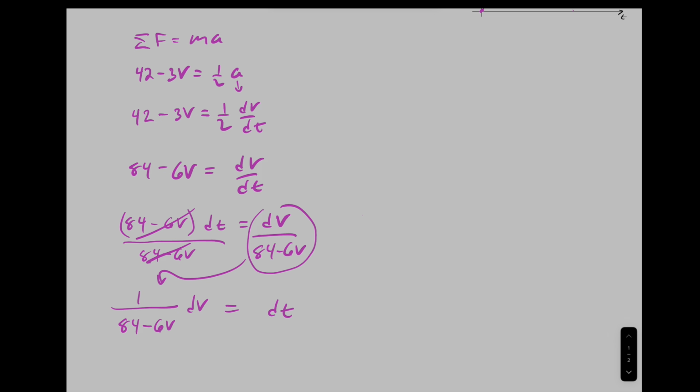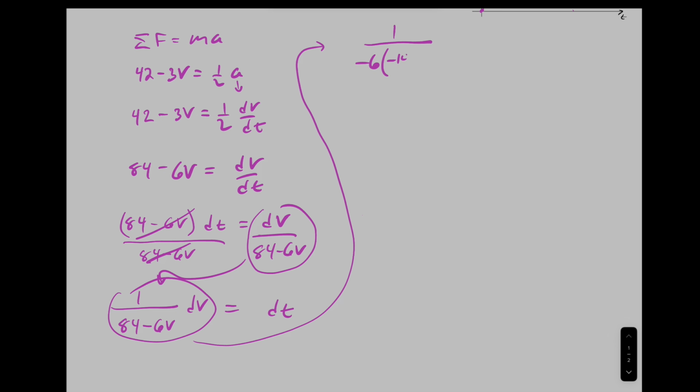Okay? Now what I'm going to do, again from the last video, I'm going to doctor this up a little bit to make the integration process a little bit easier. So let's take this and move it up to here. All right? So now what I have is 1 over, I'm factoring negative 6 out of the bottom. So inside, that's going to make that negative 14 plus v.